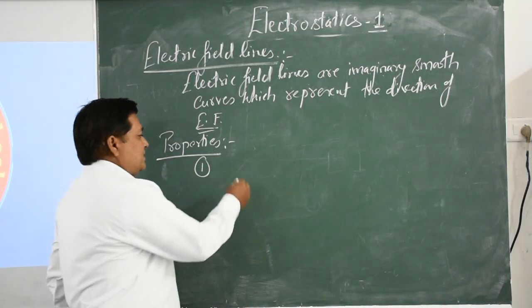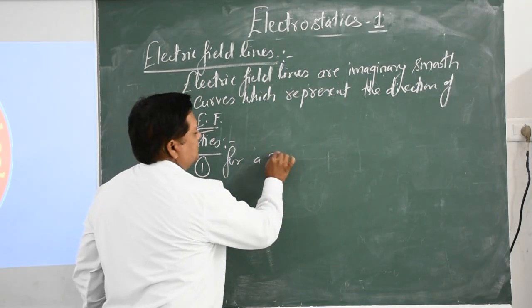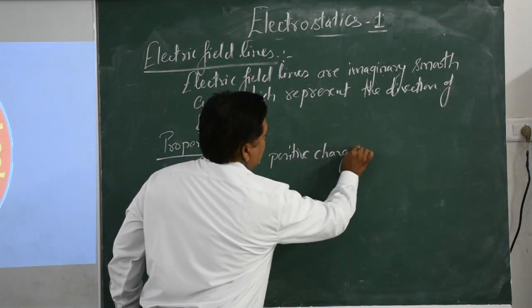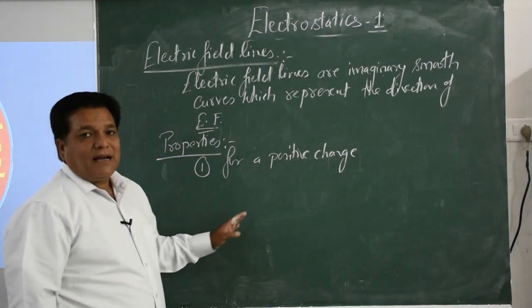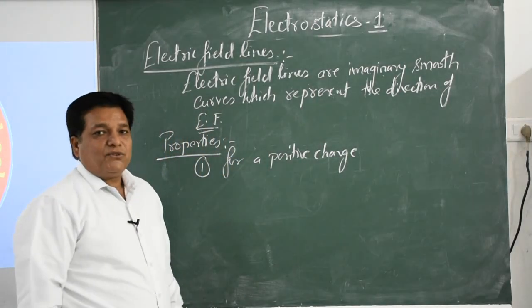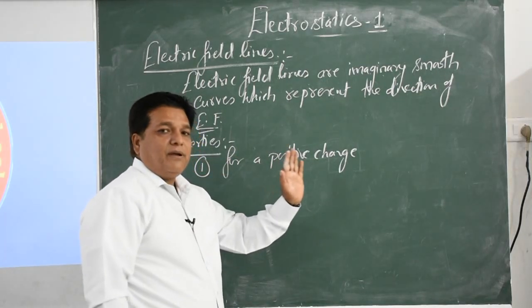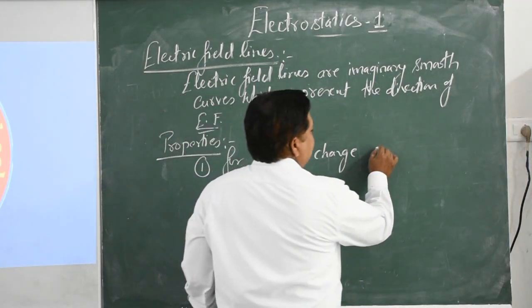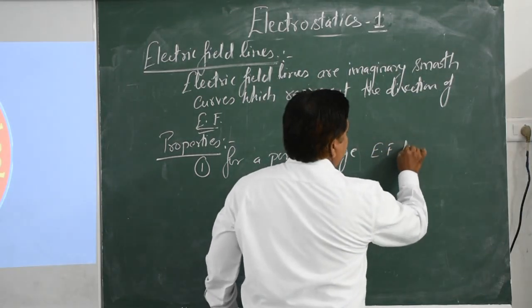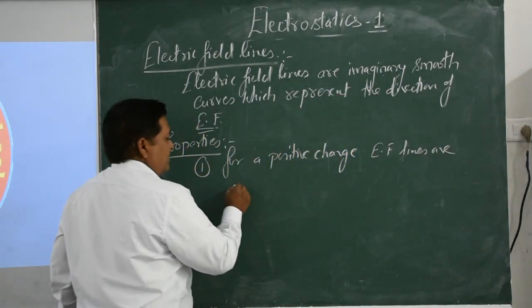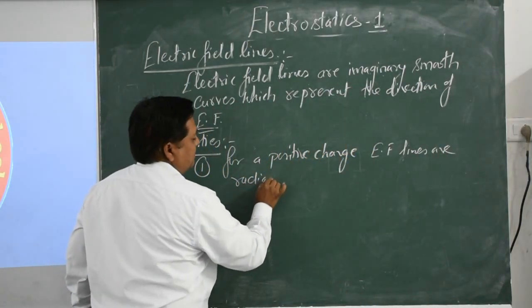For a single positive charge, electric field lines are radially outward, means they are going away from a positive charge there. So we can say that electric field lines are radially outwards.